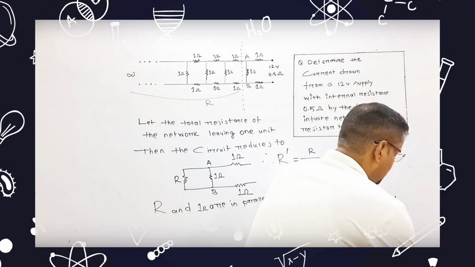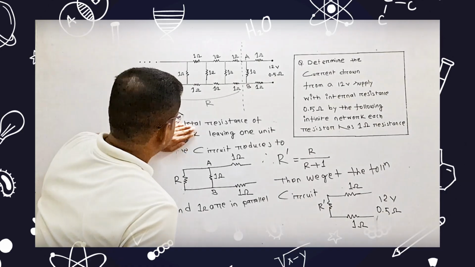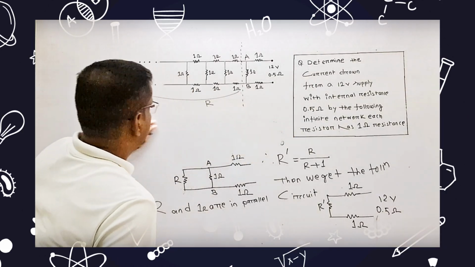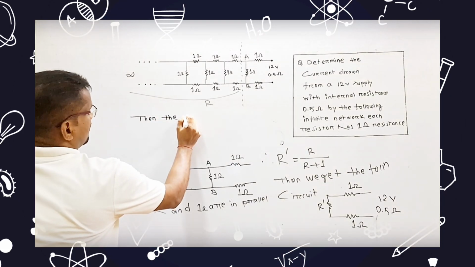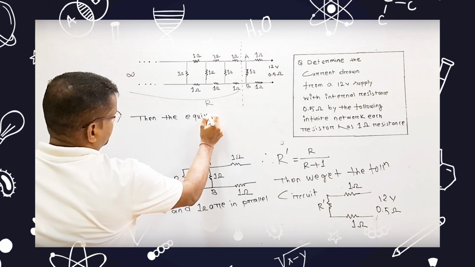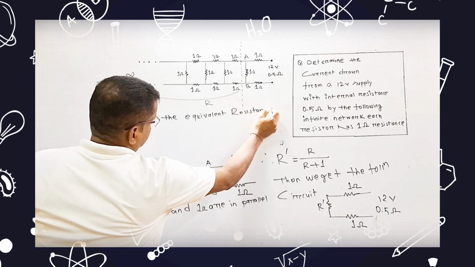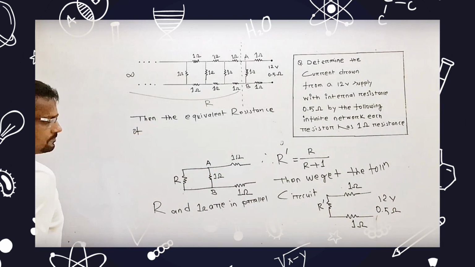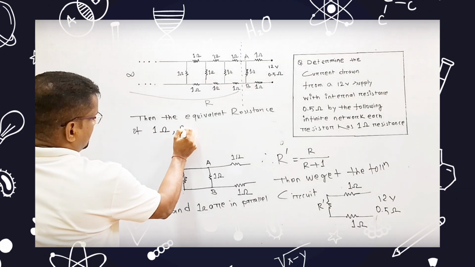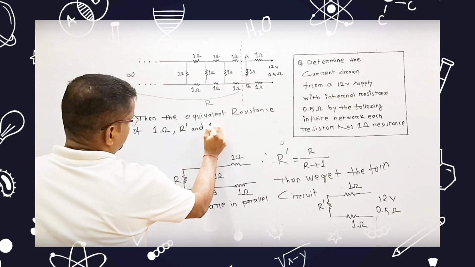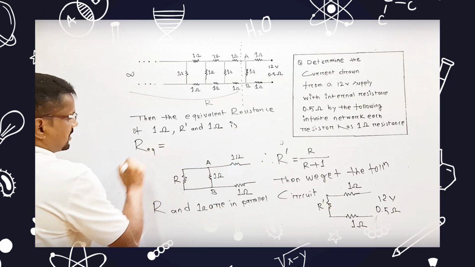So finally the total resistance, or you can say equivalent resistance, let me write here, the equivalent resistance of 1, R dash and 1 ohm, say it is R equivalent.